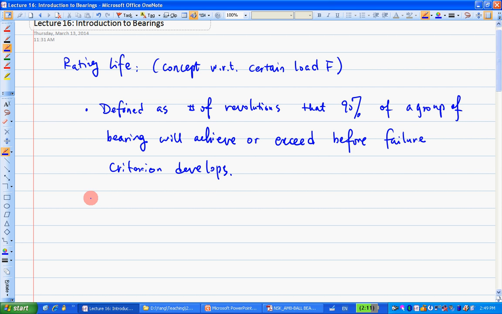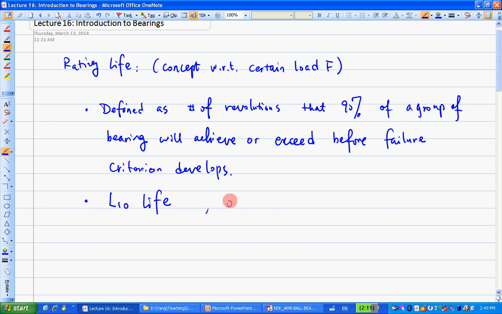So sometimes this rating life, because of 90%, we call L10. So this is also called L10 life. It means 10% of the group will fail based on the failure criteria. L10 life.